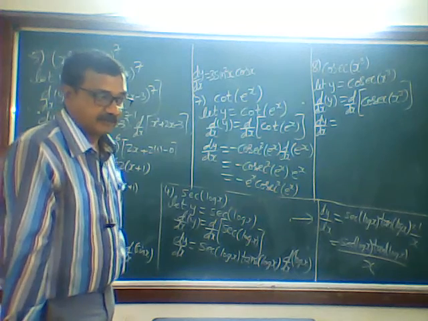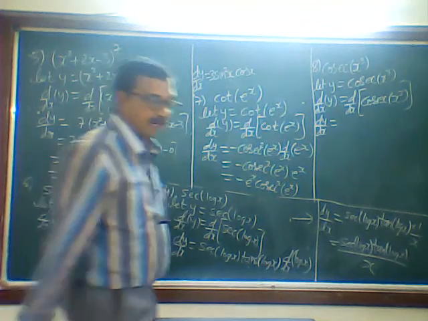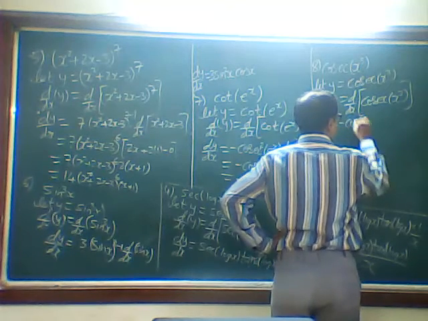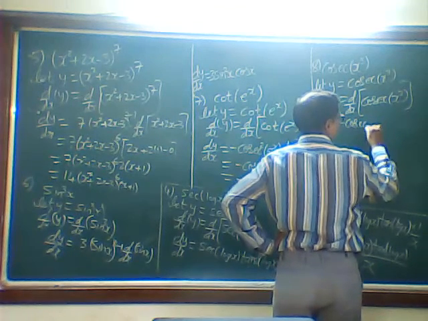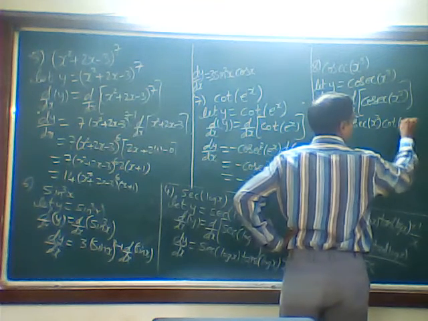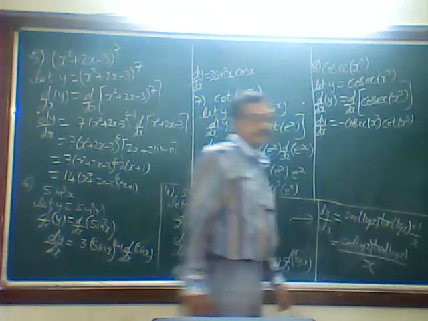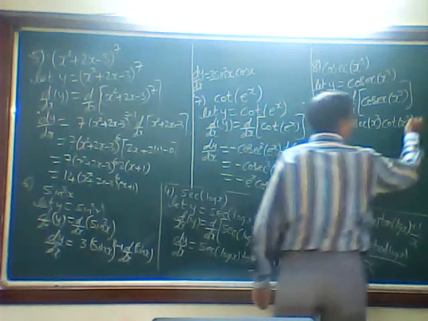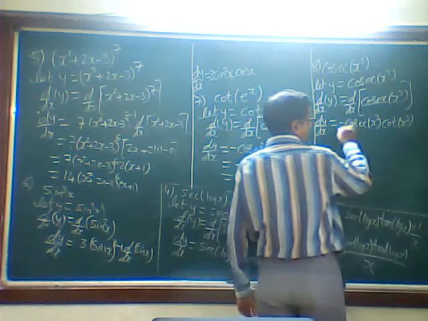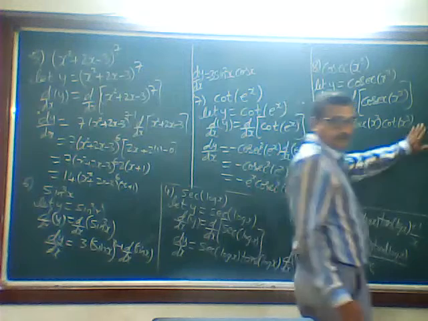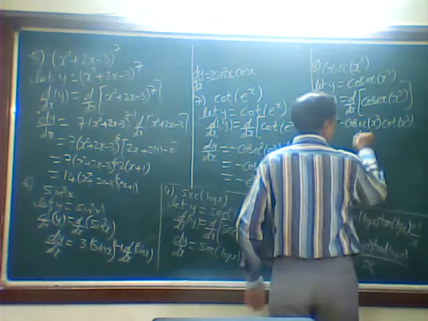But while writing you are going to write minus cosec of x cube into cot of x cube. Differentiation of cosec x is what? Minus cosec x cot x. So I will write minus cosec of x cube into cot of x cube into d by dx of x cube.